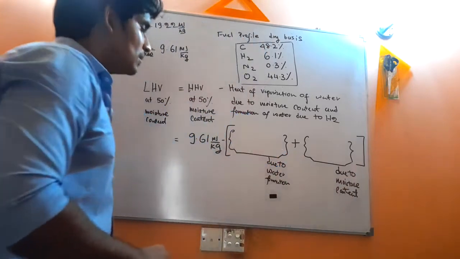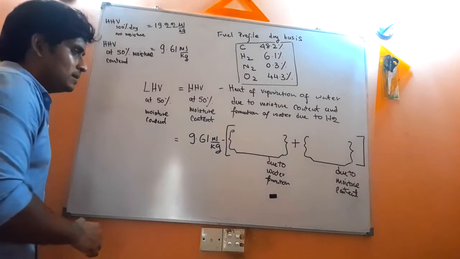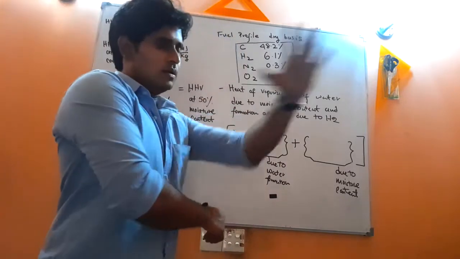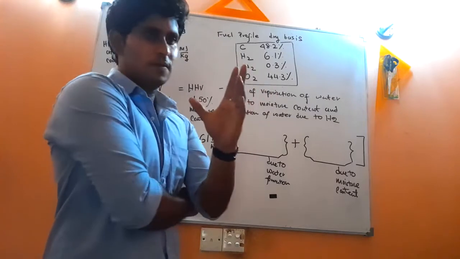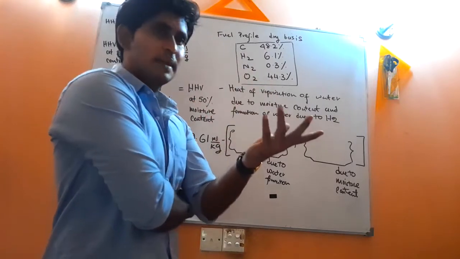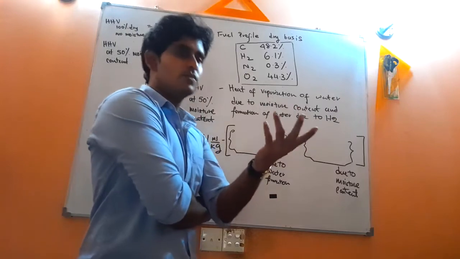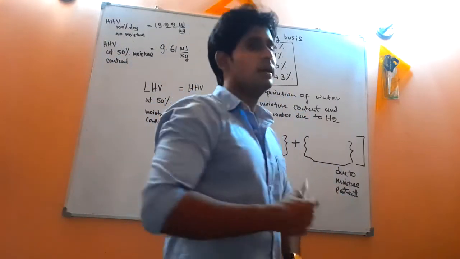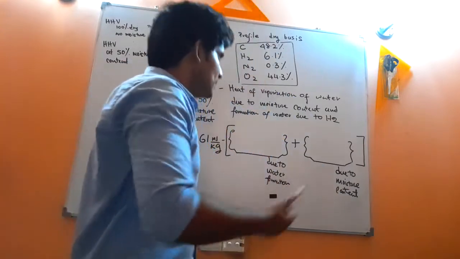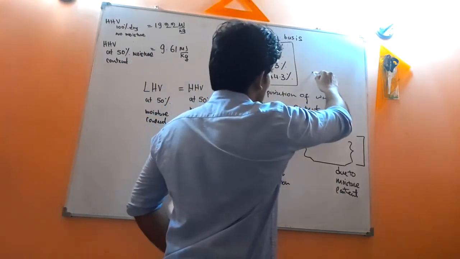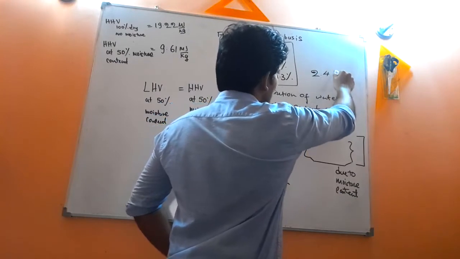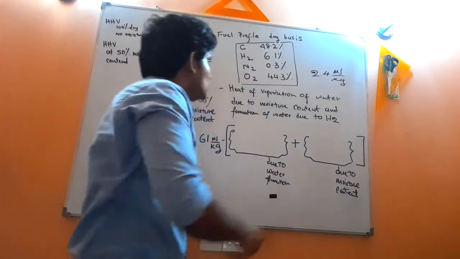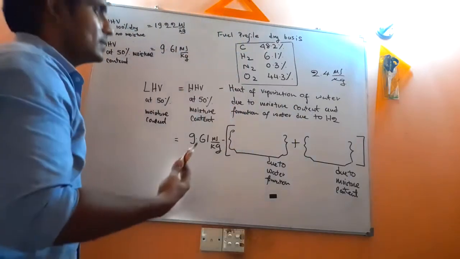So now we know the formula. Also we know the amount of heat of vaporization per 1 kilogram of water. In order to vaporize 1 kilogram of water, the required heat energy is 2.4 megajoules per kilogram, right? So that is the rate of vaporization of water.